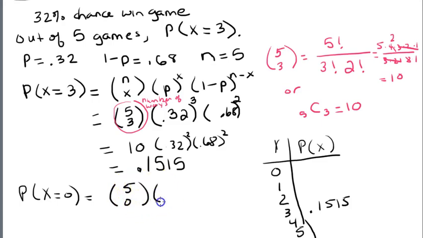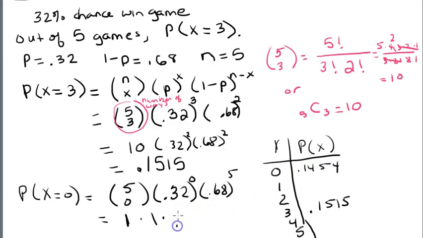Out of 5 games, we're going to get none of them correct. So there is no chance of success and all 5 chances of failure. Well, there's only one way that can happen. And 0.68, everybody check your calculator, to the 5th power comes out to 0.1454. Now again, I will leave it to you to fill in the rest of this table.